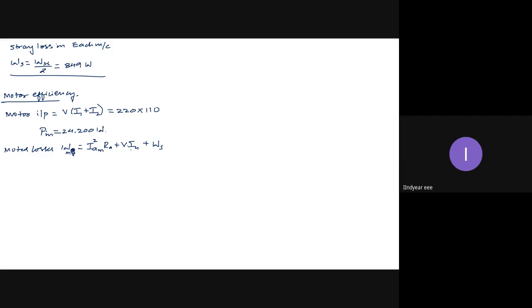Armature copper loss plus field copper loss plus stray loss. So IAM square is 107.5 square into 0.05 plus 220 into 2.5 plus 849.